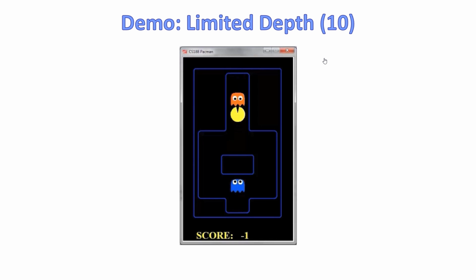Is that what you mean? Okay, now how can he do that? He cannot just wait. There's no movement saying wait. It has to be up, down, left, right.